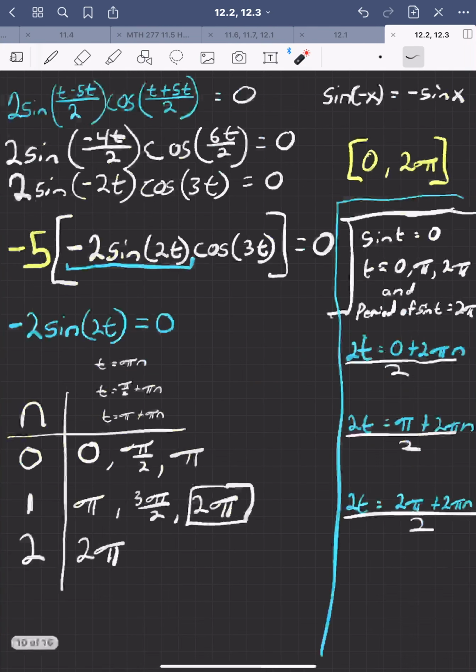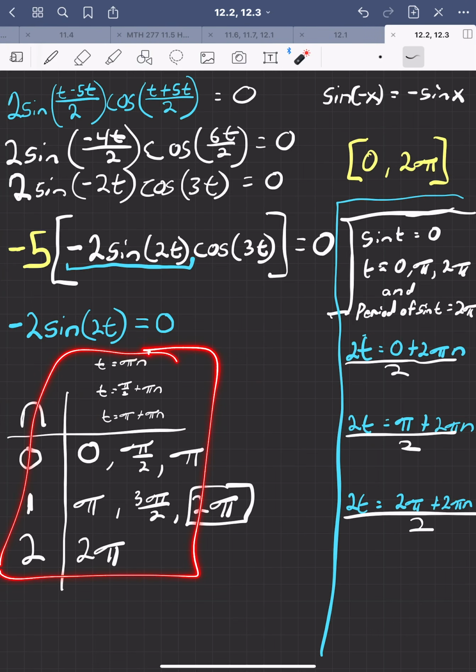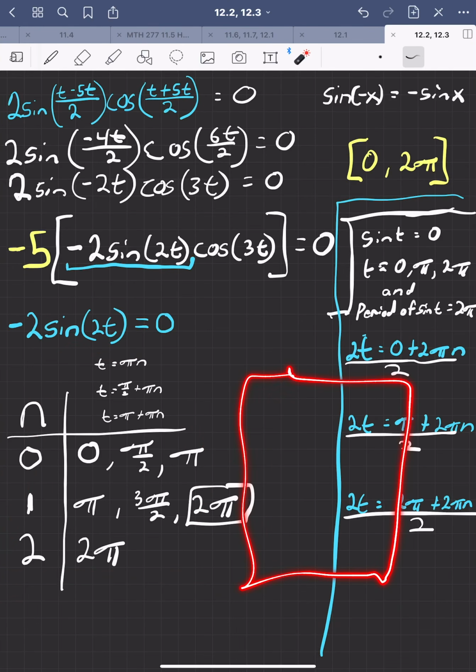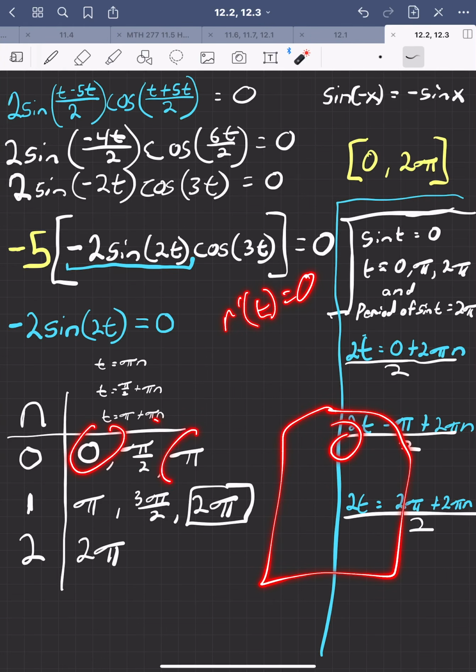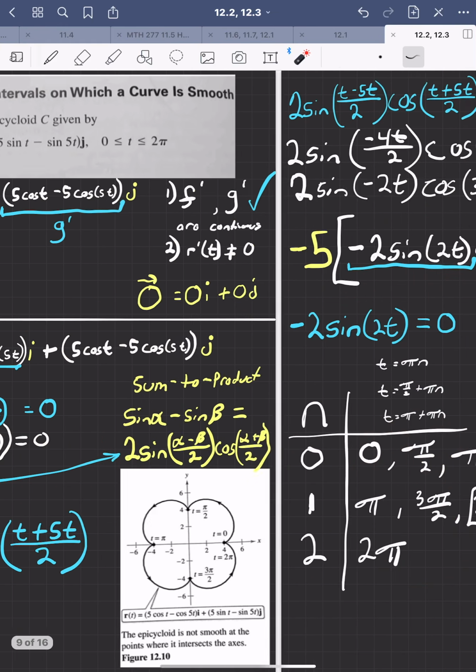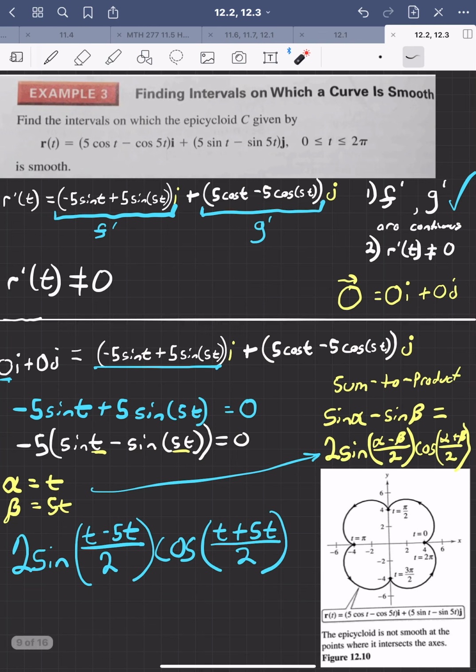If you can imagine, if I had another little t-table for the j component, anything over here would make i equal 0. But the question we had asked is, when is r prime of t equal to 0? So I would need to know which they have in common. That's really the question that I would be answering.